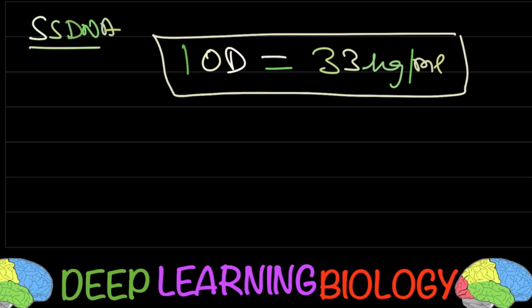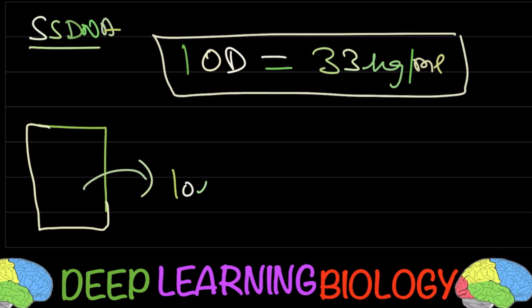Now you have a stock; from this stock you take out 10 microliter and dilute it to 1000.